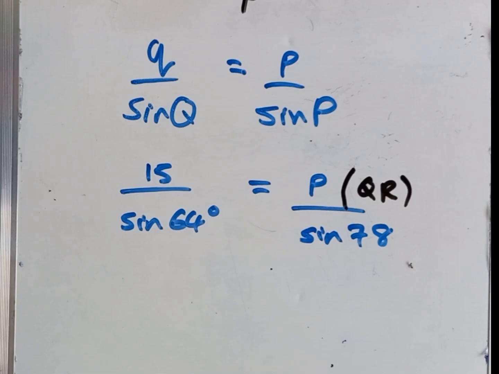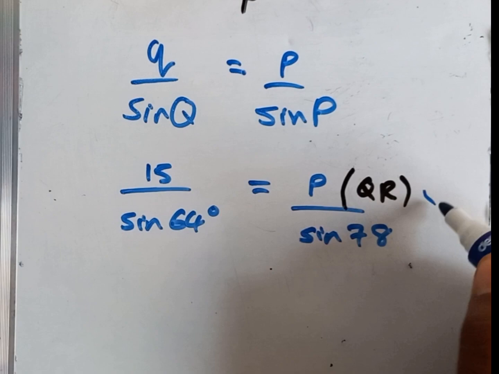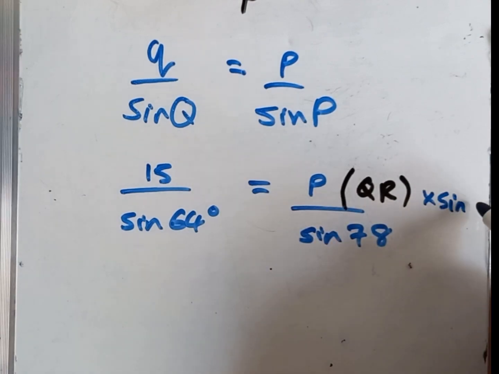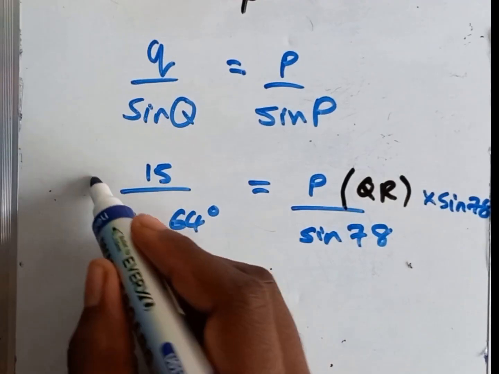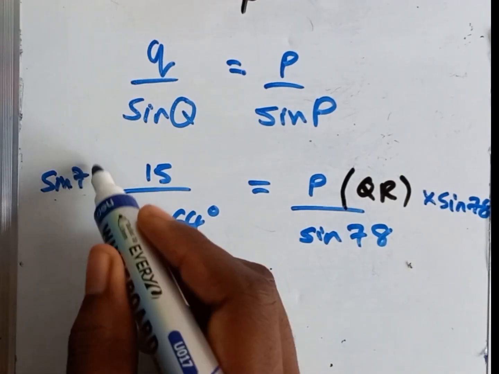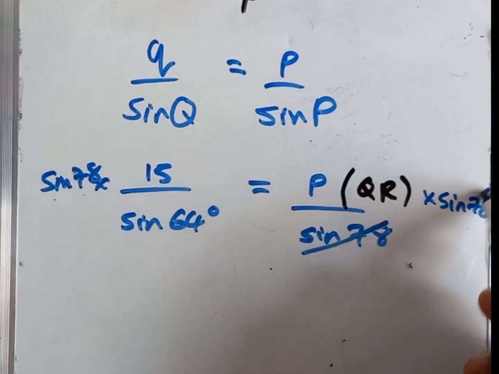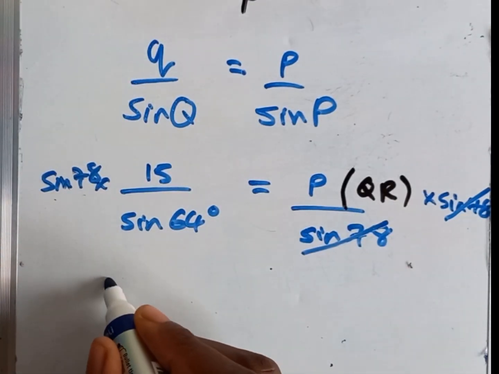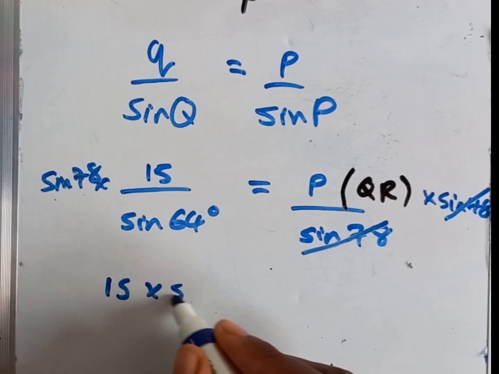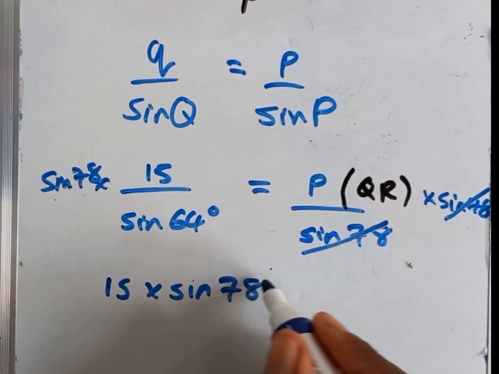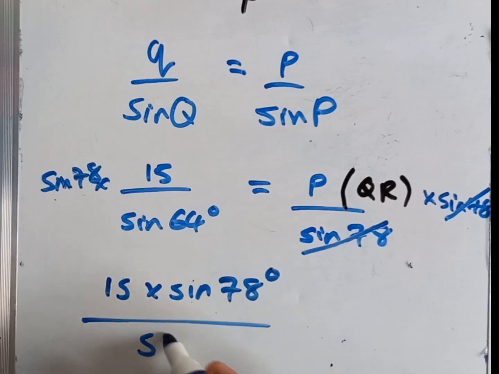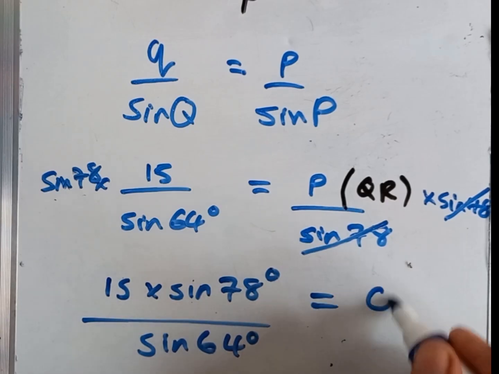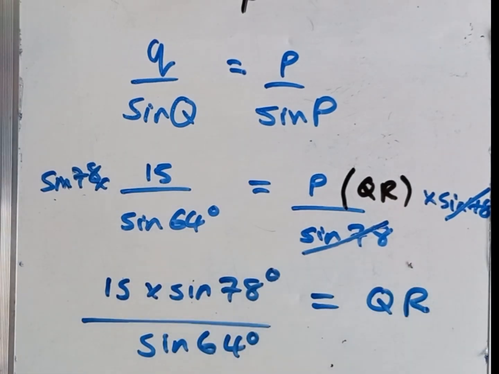So what are we going to do? We are going to make QR, or p, the subject of the formula. So we multiply both sides by sine 78. This cancels out and this becomes 15 multiplied by sine 78 degrees over sine 64 degrees, which is equal to our QR, or our p.